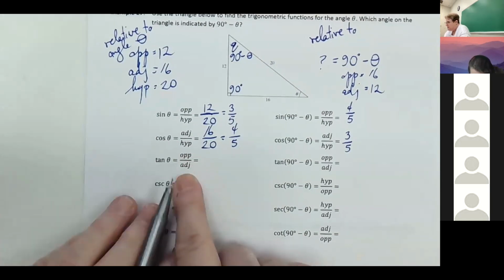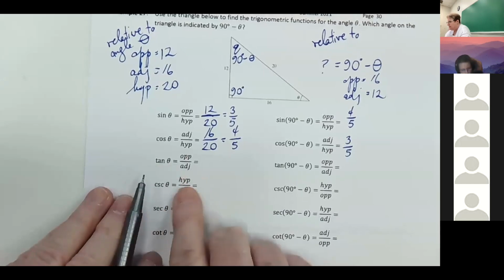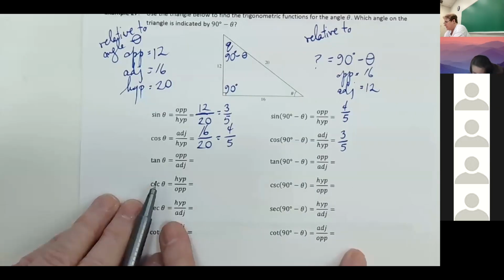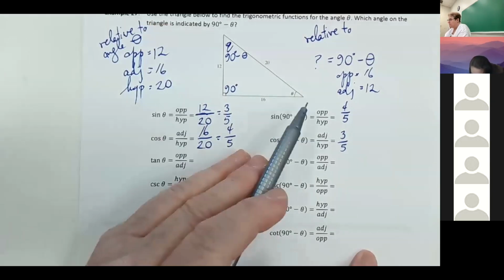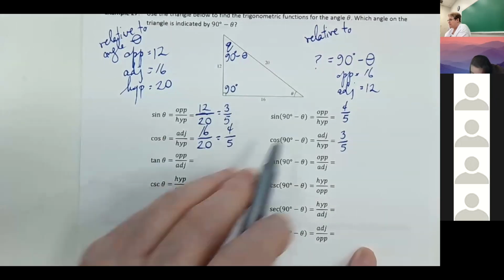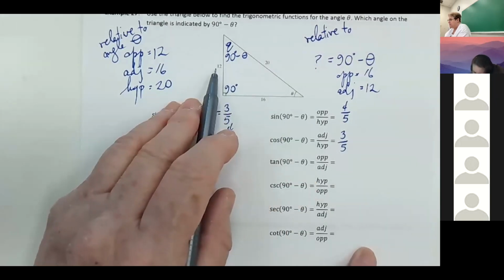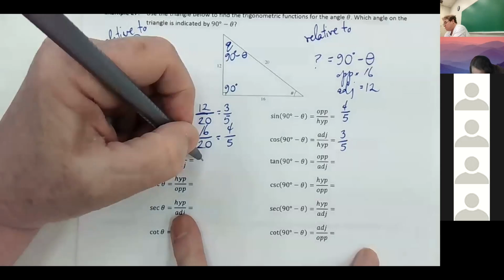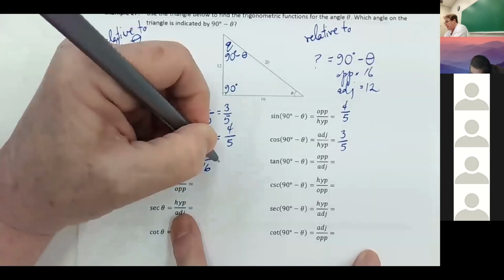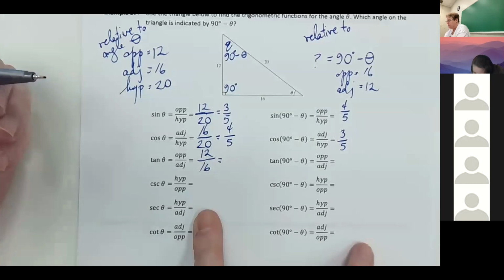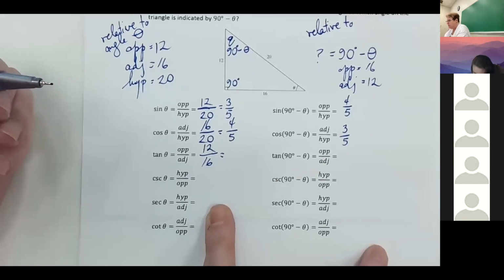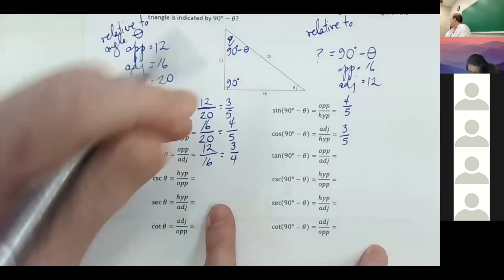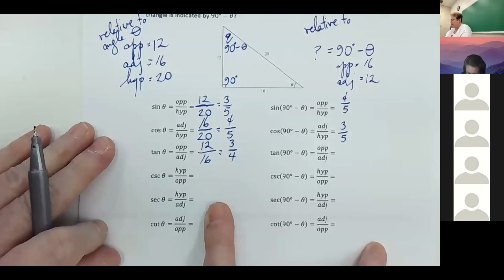The tangent is opposite over adjacent. What is the tangent of theta? It'll be just the sides. So opposite is going to be 12. What is adjacent? Yeah. And that reduces to 3/4. Yes, very good.